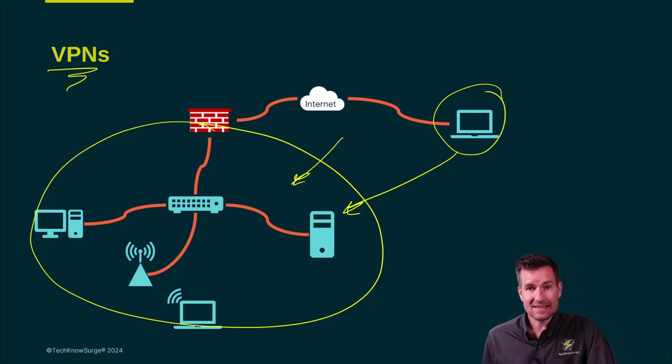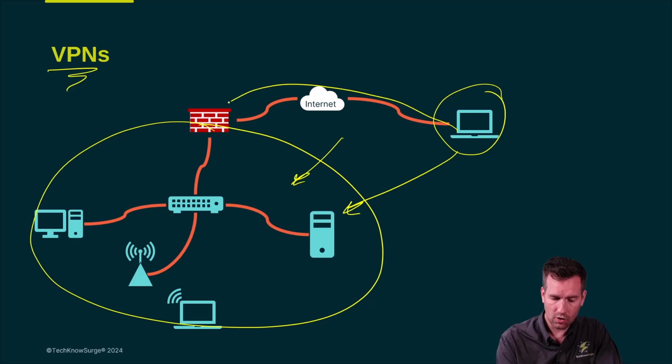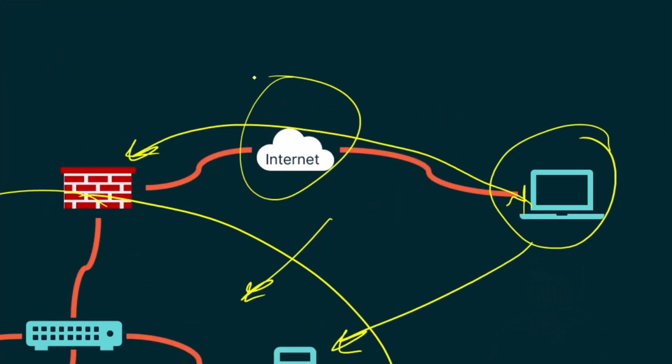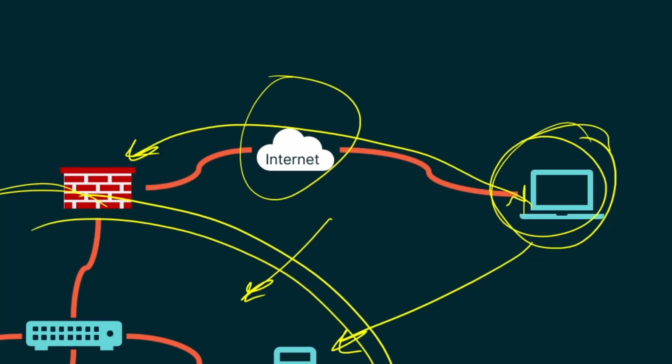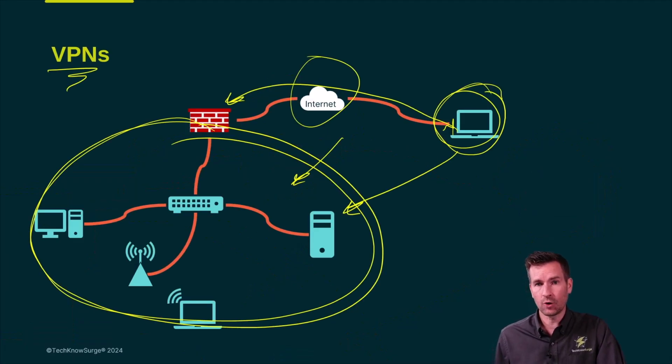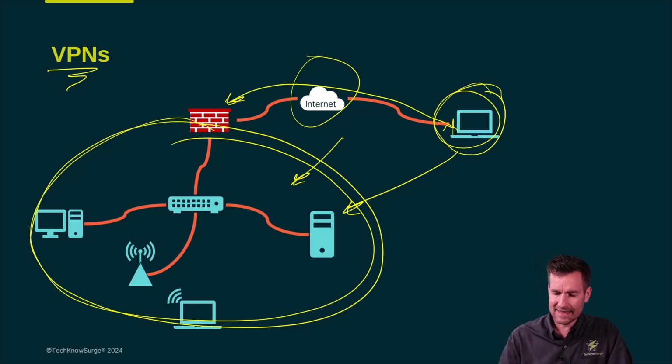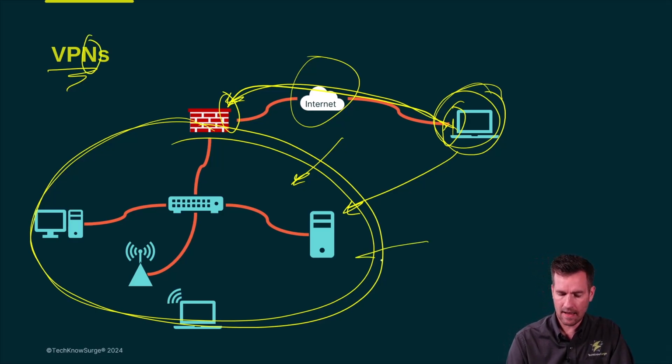If we were to just communicate across the internet with clear text, then anybody could see that traffic, and that would compromise any communication going between your machine and the rest of your company's network. So we set up a VPN, a virtual private network. What that does is encrypt the traffic between your machine and this network so no one else can see it. Essentially, you are becoming part of your company's network, but it's virtually private.